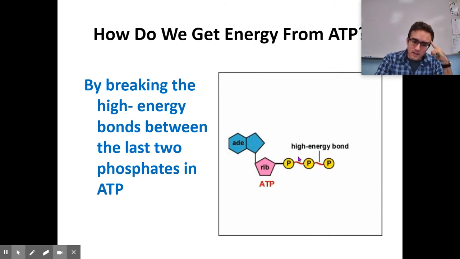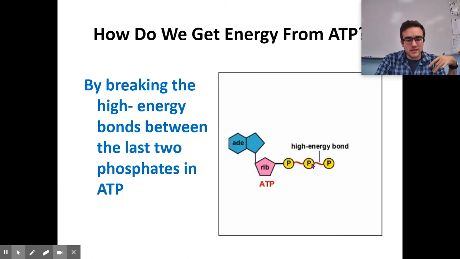As we add phosphate, something really interesting happens. This bond here has kind of low energy. There's not a lot of energy in this bond. Between the first phosphate and the second phosphate, there's quite a bit of energy there.